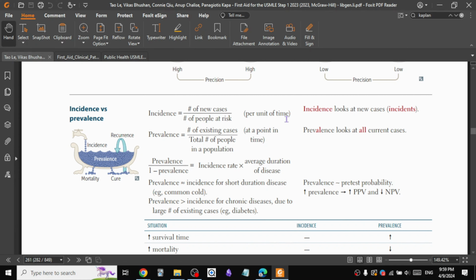So basically, if I have five new cases and the number of people at risk was 50, that is 1/10, so my incidence is 1/10. The incidence rate is basically 1/10 in the time period I give you, let's say a year. So you have 5 new cases per year, and the number of people at risk in that year is about 50.